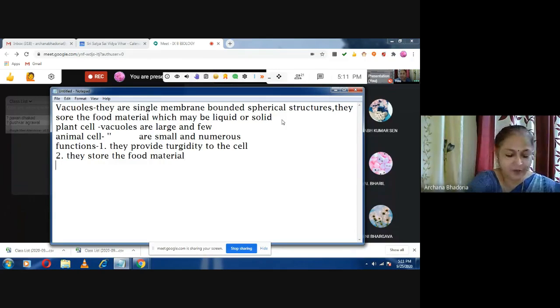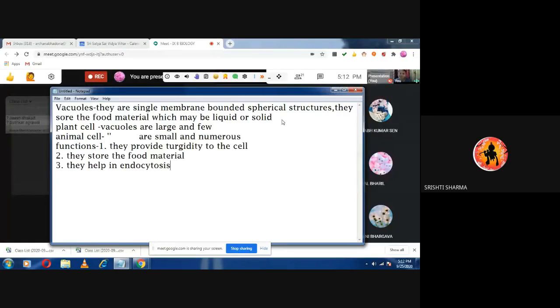Then third point you write down, they help in endocytosis, or you can say nutrition. Okay, they help in endocytosis.